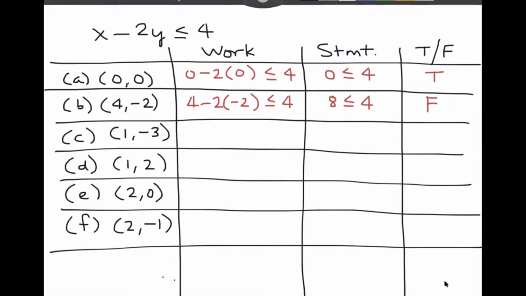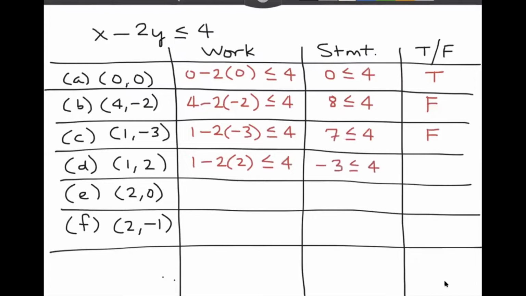So I will continue with (1, -3). 1 minus 2 times negative 3 is less than or equal to 4. Is 1 plus 6, which is 7. And of course, 7 is less than or equal to 4 is also a false statement. 1 minus 2 times 2 is less than or equal to 4 gives me 1 minus 4, which is negative 3.